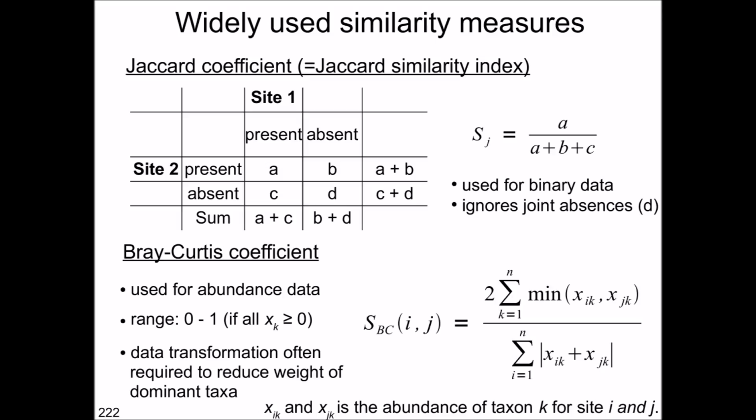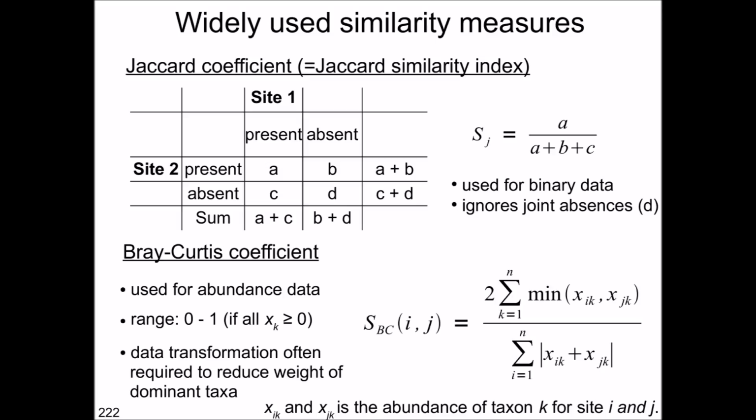And this coefficient also ranges from 0 to 1 if all abundances are larger than 0, which is typically the case, obviously, in ecological situations. In addition, you see that the minimum between the values of two sites is taken and divided by the absolute sum.